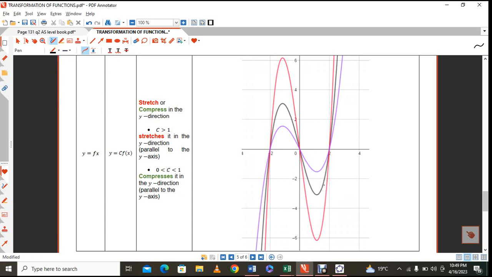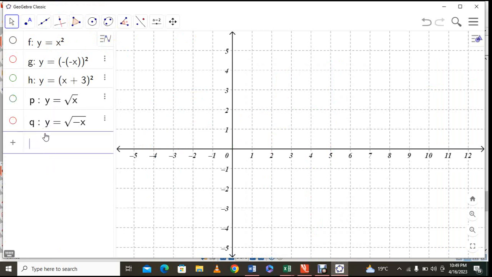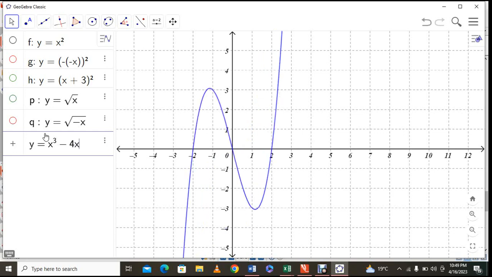The function here in black is y equals x cubed minus 4x. Okay, you got that? So let's go back to our table and put in that function: y equals x cubed minus 4x.